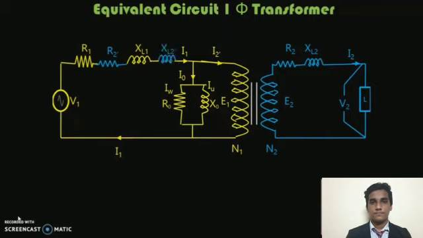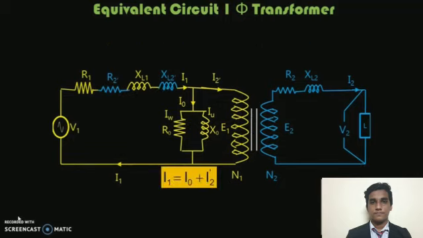Now R1 is the primary winding resistance and R2 dash is the secondary winding resistance referred to the primary side. Together they constitute the equivalent resistance of the transformer, represented by R01. R01 is the equivalent resistance of the whole transformer, referred to the primary side. Similarly, XL1 is the primary winding reactance and XL2 dash is the secondary winding reactance referred to the primary.